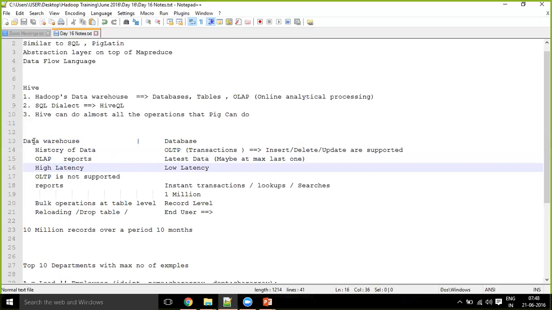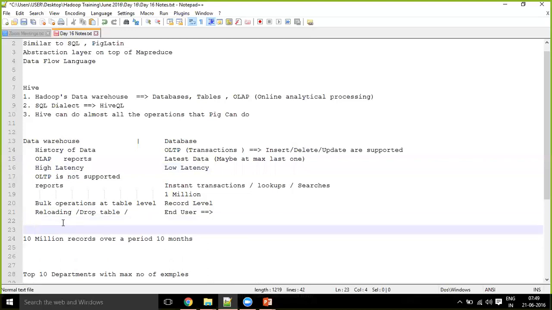And the purpose of data warehouse is, we will not expose this to the end user directly to perform transactions, but we'll take 6 months of data or 1 year of data, and then we'll prepare a report. Something like, hey boss, this is for the last 1 year.